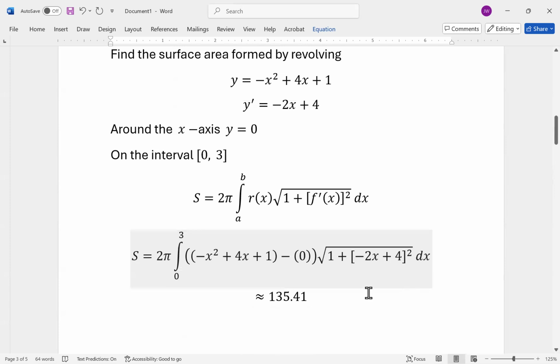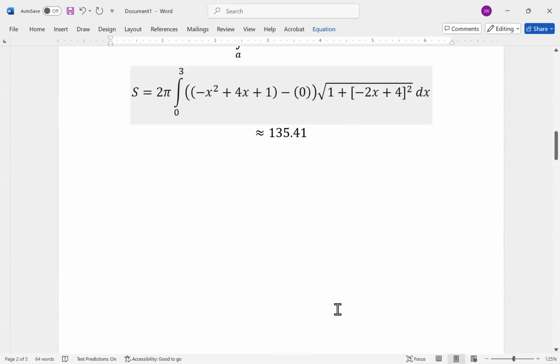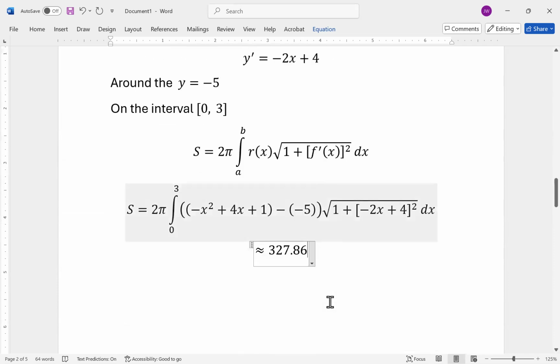The previous problem had a surface area of 135.41. This has a surface area of 327.86. That's because increasing the radius gives me a much longer circle to deal with, and that gives me a lot more surface area of the object that I've created.